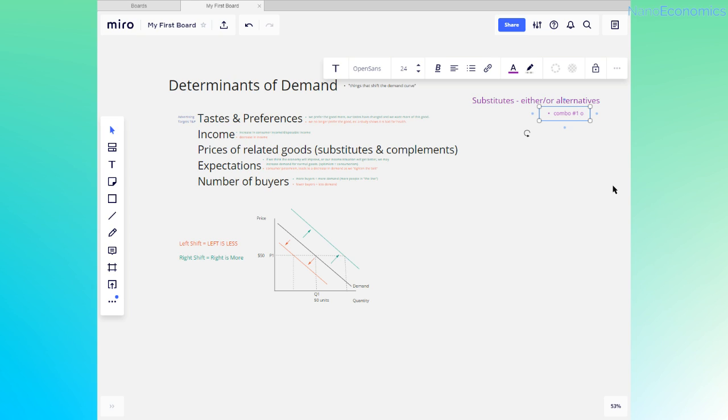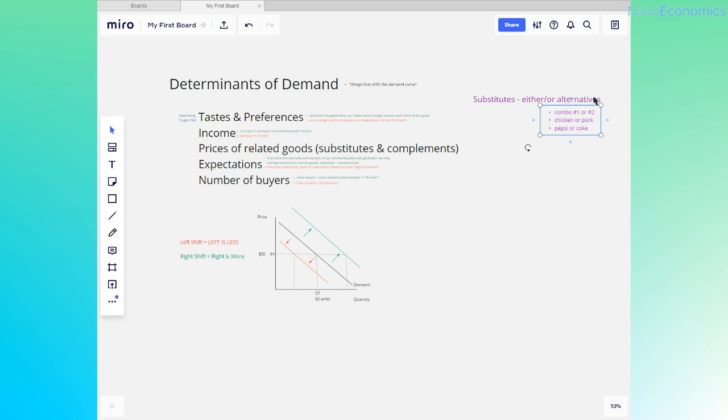Combo number 1 or number 2. Chicken or pork if you're ordering food, Pepsi or Coke. And the idea here is that you're not going to be having both. When you're torn between two items on the menu, you're not just going to order both in these scenarios.